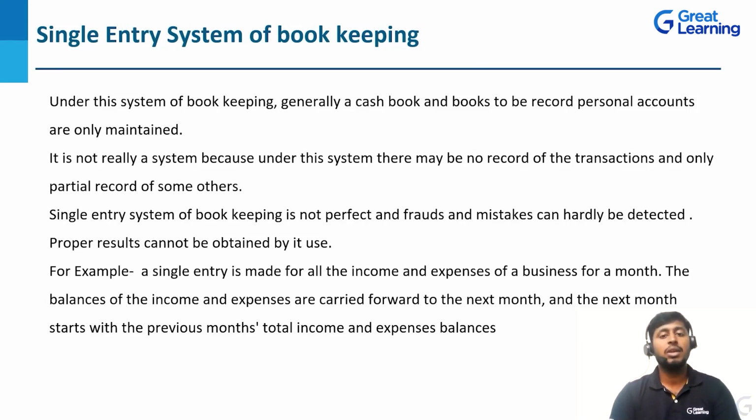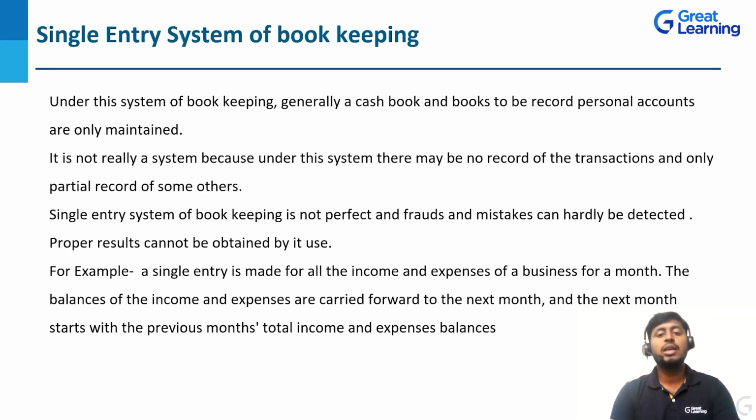Now the meaning. Under this system of bookkeeping, generally only a cash book and personal accounts are maintained. I have told you that when a large number of transactions are there, it is not applicable.